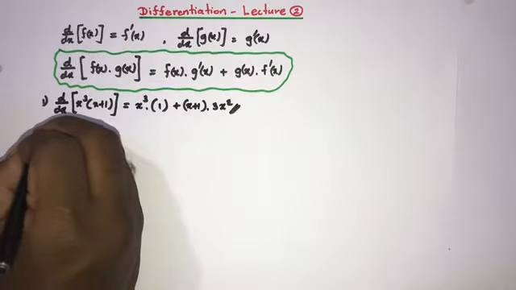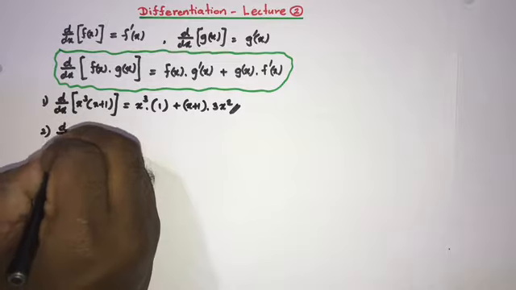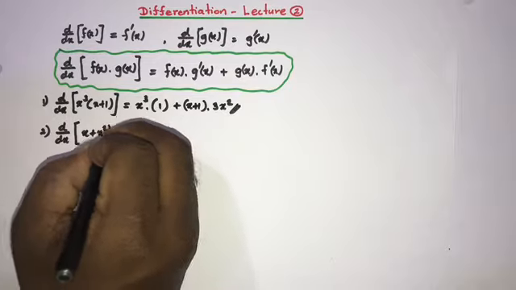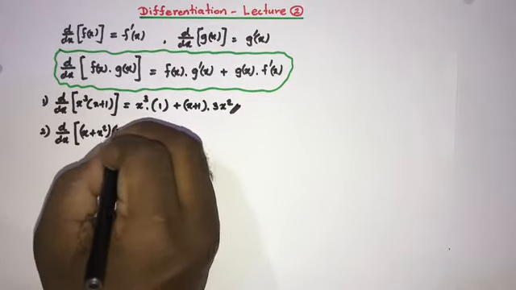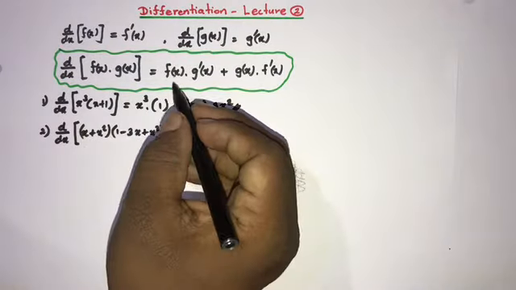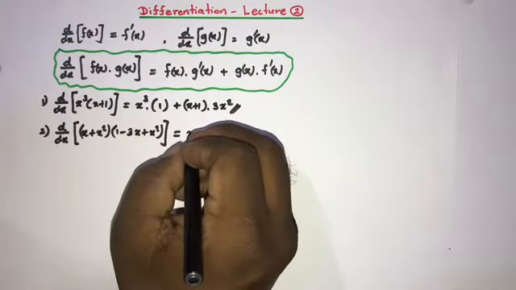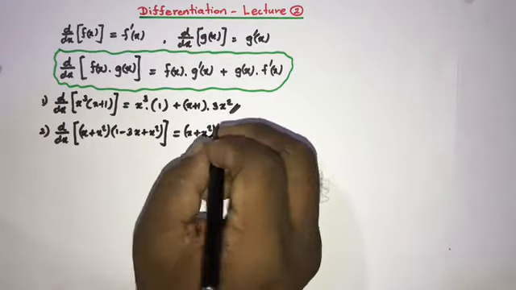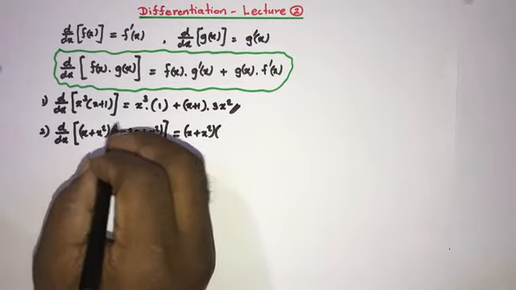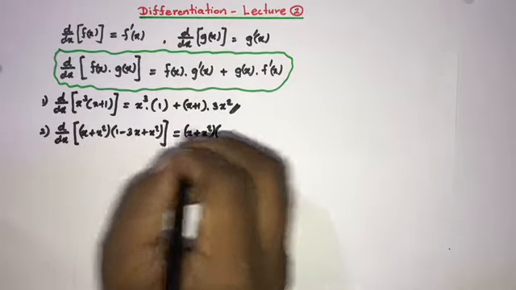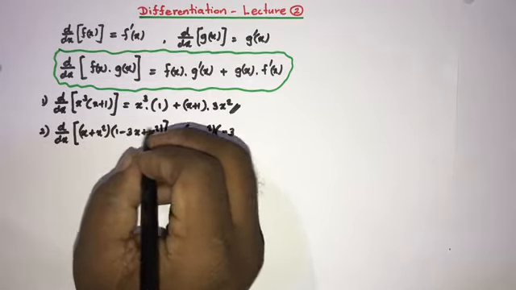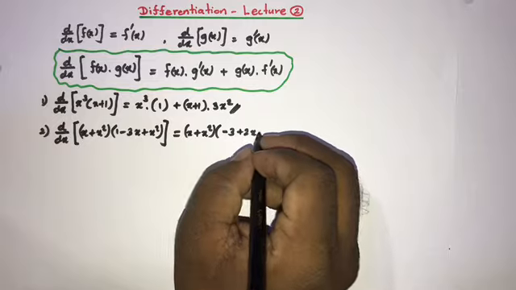Now second example. So if we take the derivative of x plus x square times 1 minus 3 times x plus x square. Okay, now according to the product rule, first rewrite the first function, so the first function is x plus x square, then the derivative of the second function, we know 1 is a constant, so the derivative of a constant is 0, and here minus 3 times x, so minus 3, here plus the derivative of x square, according to the power rule 2 times x.